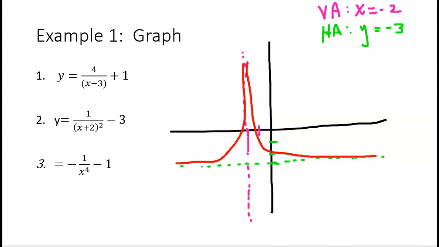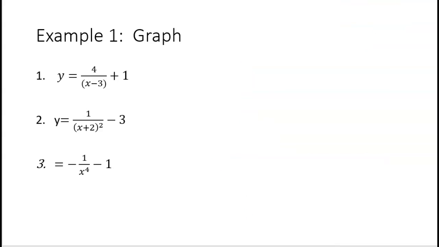All right, let's do one more to get it really embedded in our minds. Now, if you're ever missing an h or a k, guess what? You're going to do the same thing that we've always done. There's 0. So in this case, since there's no number being subtracted from the x, we can rewrite it like this.